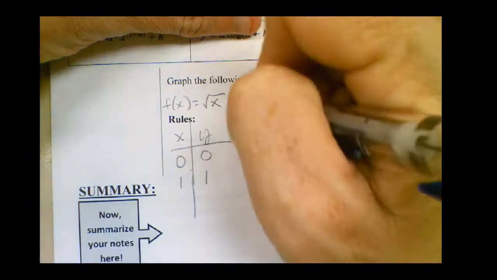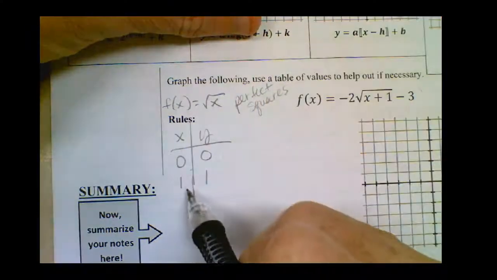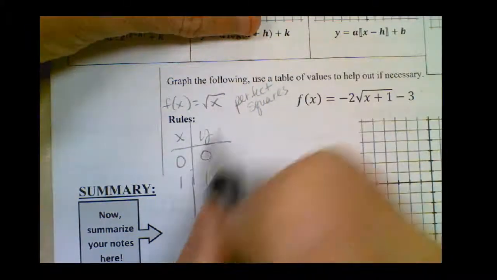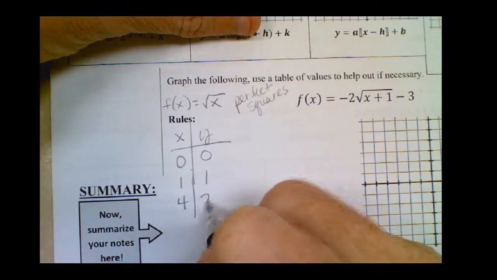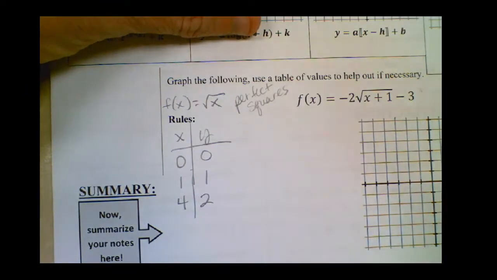So I'm going to use perfect squares because to me that's a lot easier. Square root of 4 is 2. So if I were to graph those points, I would have (0, 0), (1, 1), and (4, 2). And that's my square root function that we've dealt with before.